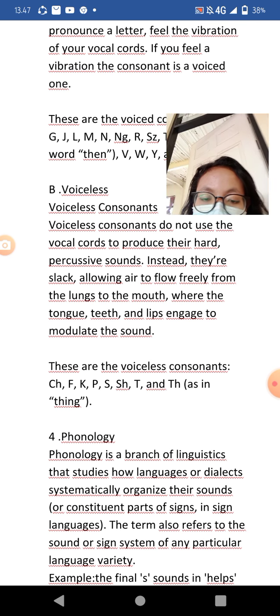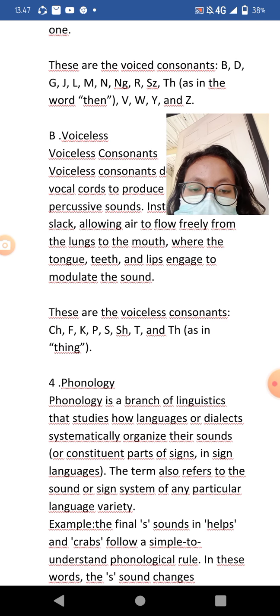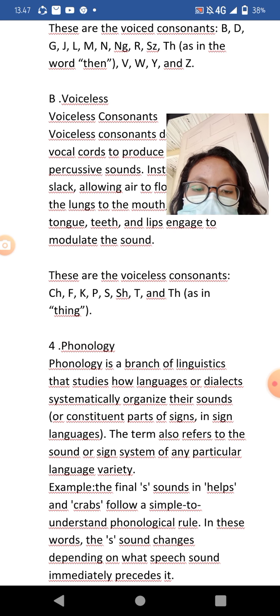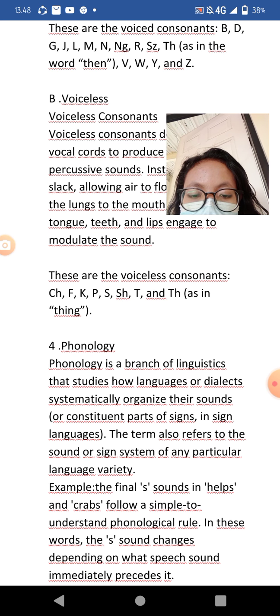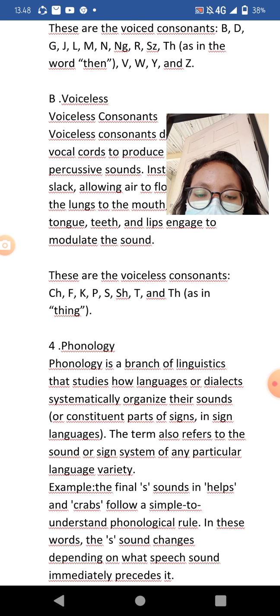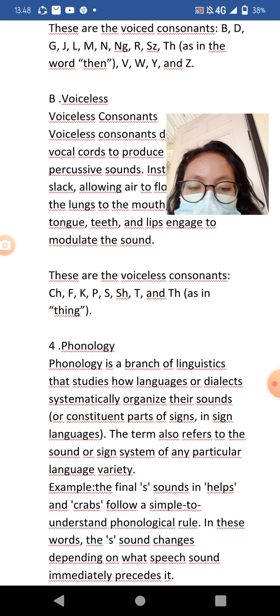Number four, phonology. Phonology is the branch of linguistics that studies how languages or dialects systematically organize their sounds. The term also refers to the sound or sign system of any particular language variety.